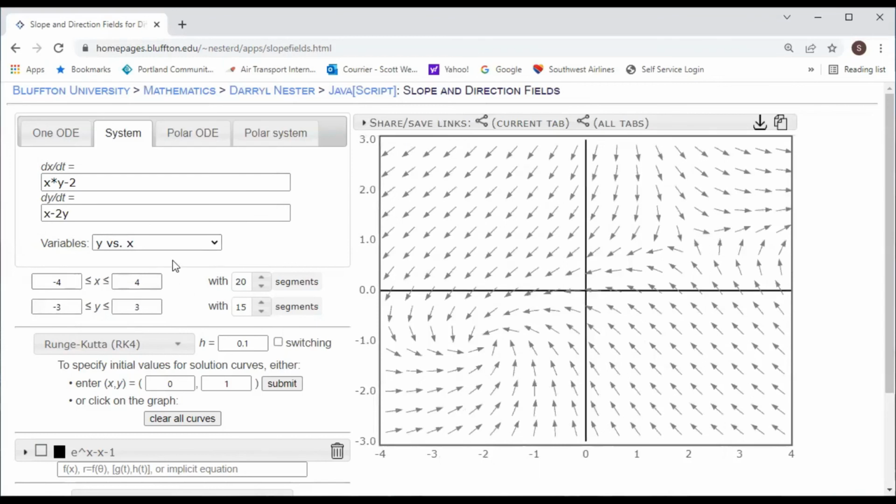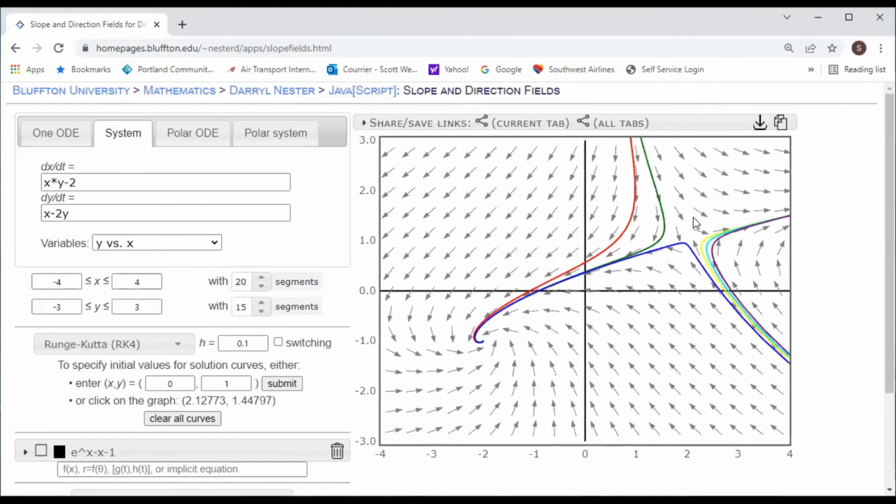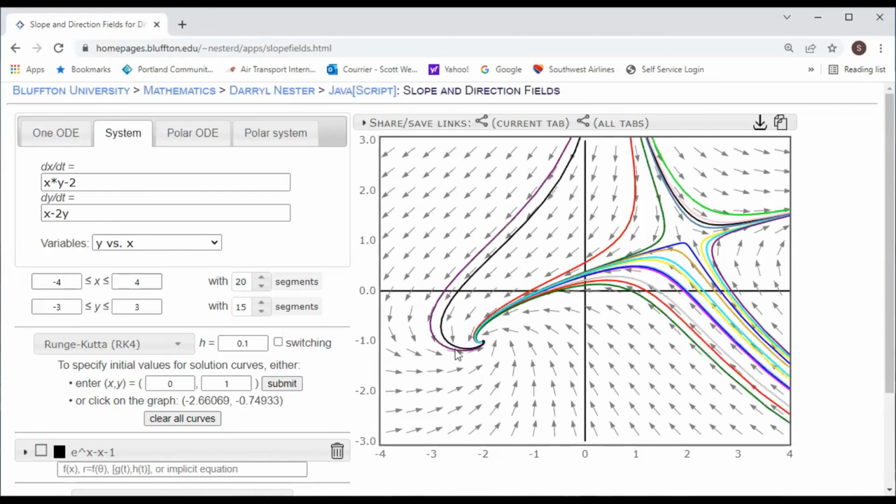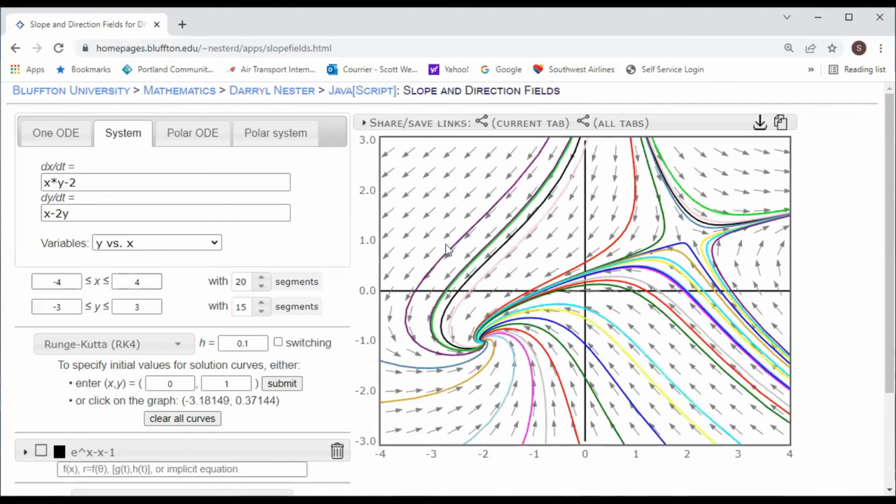Okay, and to remind you what we found, at 2, 1, that'll be the one up here, we found a saddle point. Yep. Sure enough. And down here, we found a spiral sink. Confirmed.